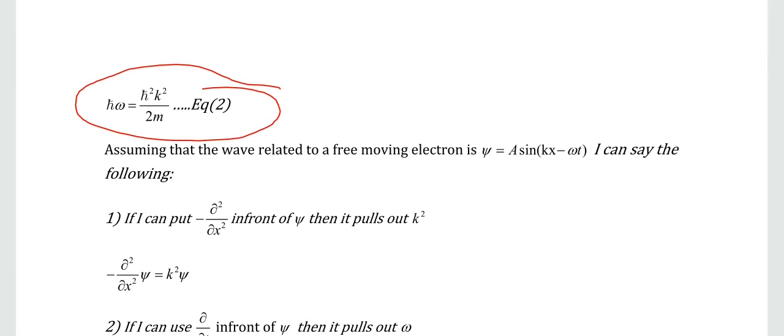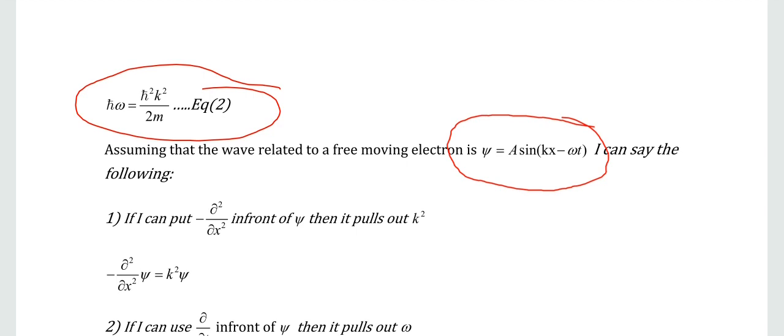Now, since we have forcefully assumed our psi as sine of kx minus omega t, by using this assumption as the solution of the wave nature of the electron, I guess we need a particular differential machine that can take out the momentum information.